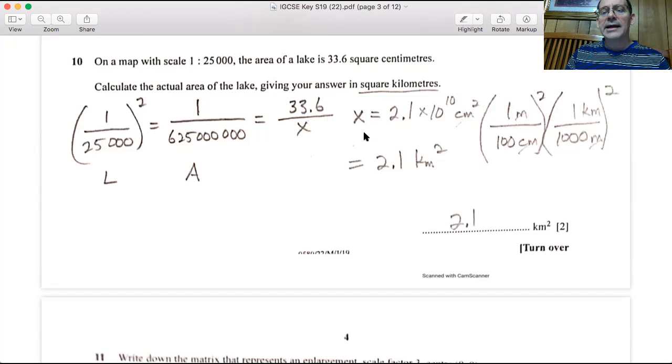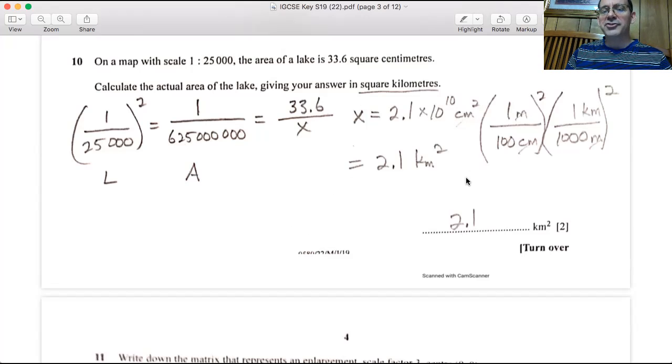Cross multiply and solve for X, and we get X equals 2.1 times 10 to the 10th power. So when you take 33.6 times 625 million, it's obviously a large number. It changes it to scientific notation, 2.1 times 10 to the 10, and it's in centimeters squared.